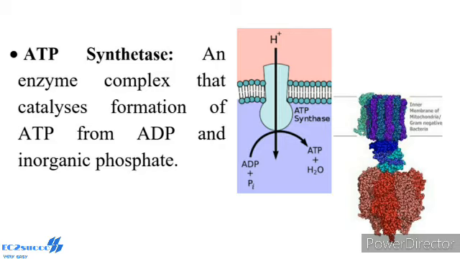Just as a flow of water from a higher to a lower level can be utilized to turn a water wheel or a hydroelectric turbine, the energy released by the flow of protons down the gradient is utilized in the synthesis of ATP. The enzyme ATP synthetase synthesizes ATP from ADP and inorganic phosphate using the energy from the proton gradient. This is called the chemiosmotic hypothesis of Peter Mitchell, in the year 1961.